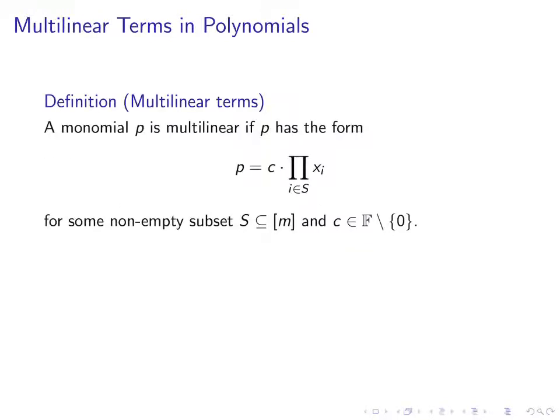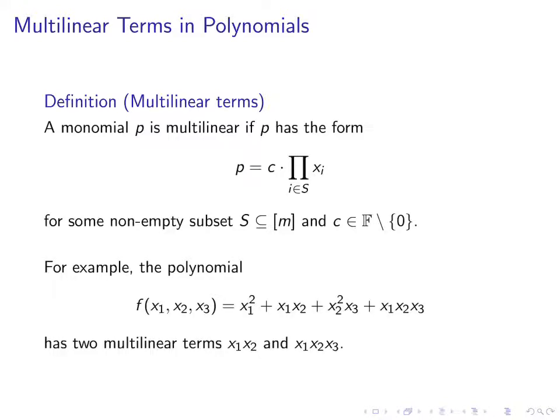We say that a monomial is multilinear if each variable of this monomial appears at most once. For example, let's consider the following polynomial. In this polynomial, the monomial x1 squared is not a multilinear term because x1 appears twice. There are two multilinear terms, x1 x2, and x1 x2 x3.